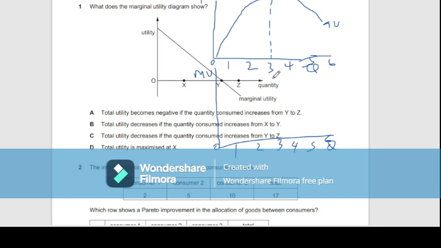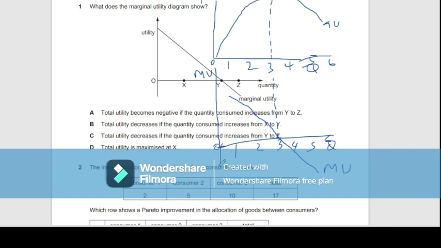However, we also know that when total utility is at its maximum, marginal utility will be 0. As total utility increases, marginal utility decreases. Therefore, we have a graph that passes through 3 here at 0, then becomes negative. So that is marginal utility.